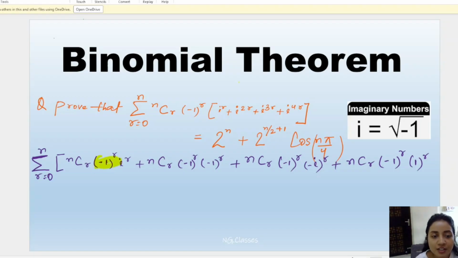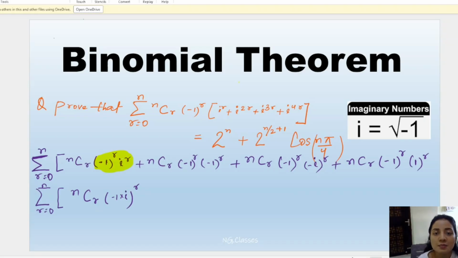Can you see this (-1) to the power r, and i to the power r can be written together. So we can write it as nCr, and these two, by using the law of exponent, can be written in terms of multiplication together. So we can write it as (-1 times i) with both having power r, like this.